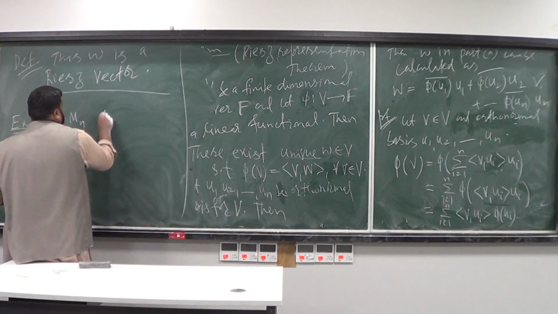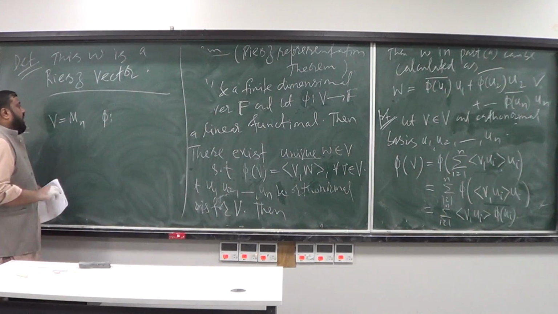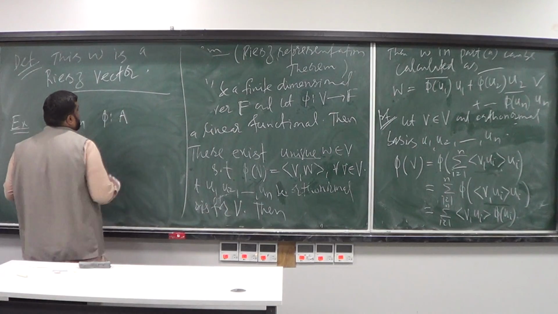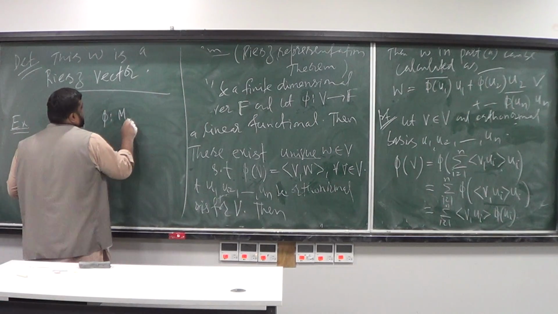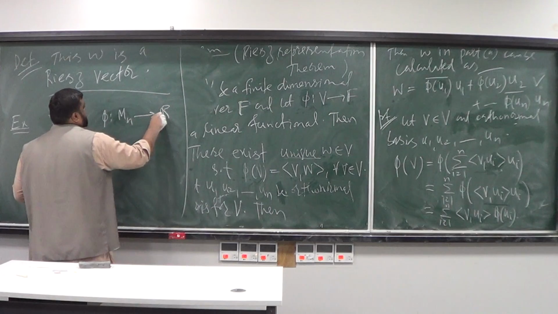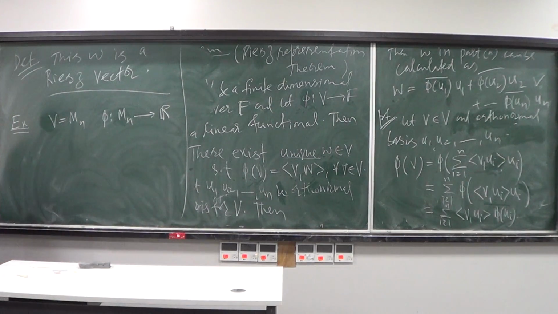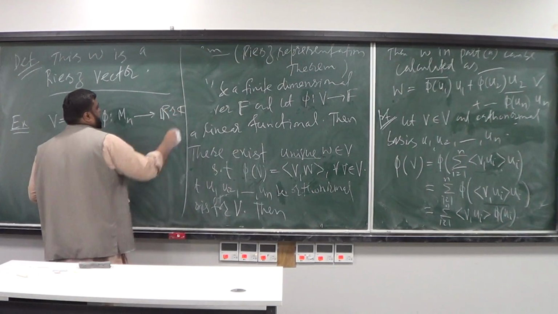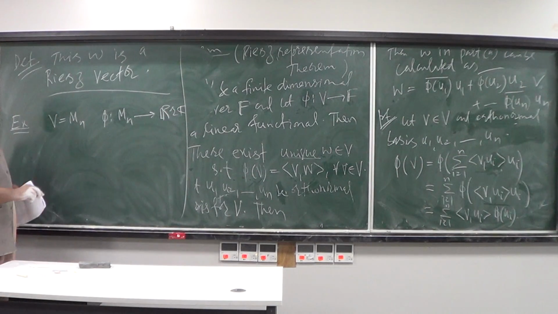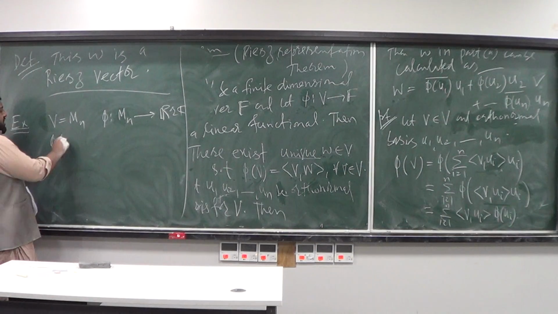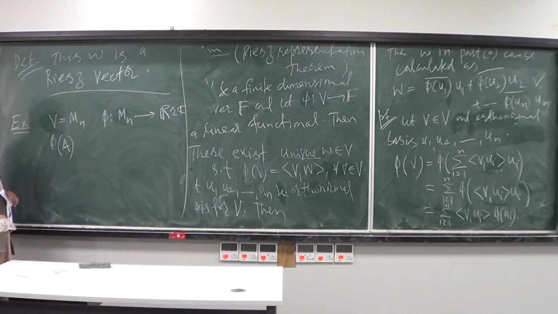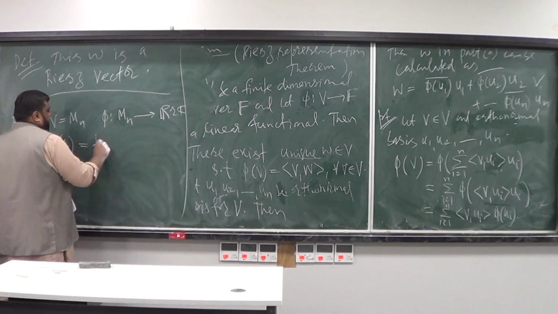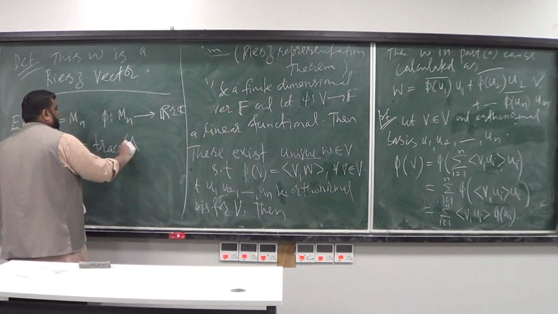And then let me define a linear functional that swallows a matrix from Mn and spits out a number, say in R, or C, doesn't matter. You define phi of A as the trace of A.